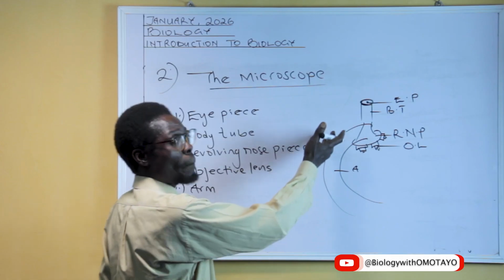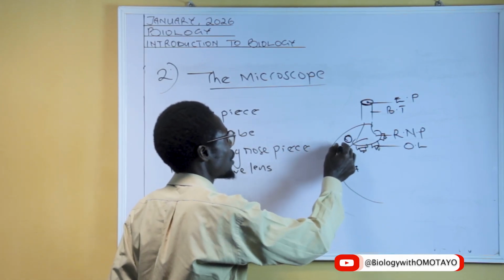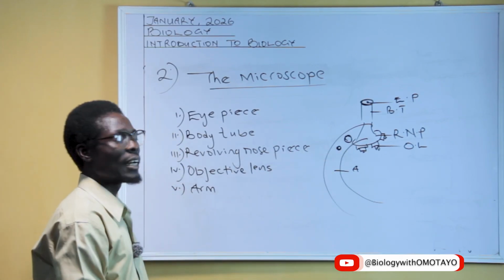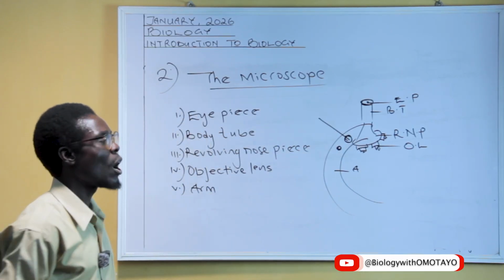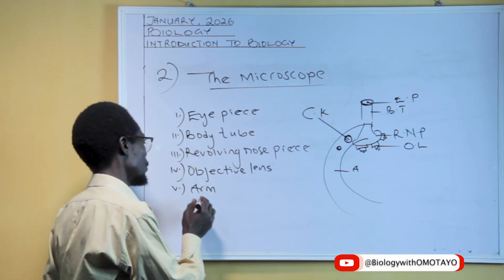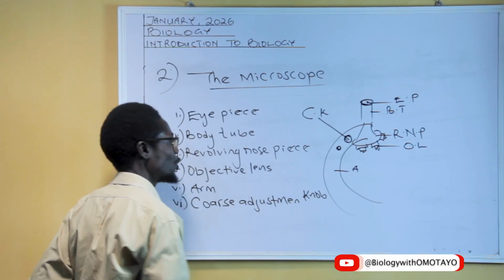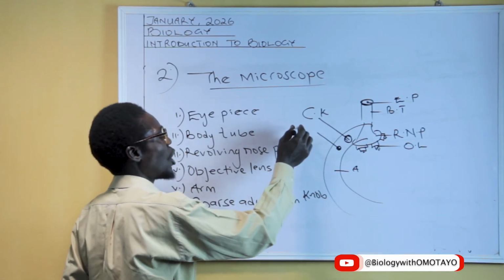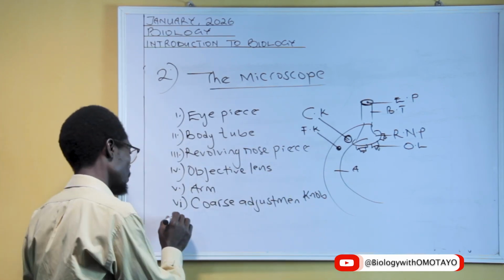Now, towards the upper part of the arm, we do have two knobs. A bigger knob and a smaller one. The big one is usually referred to as the coarse adjustment knob, while the small one is always referred to as the fine adjustment knob.